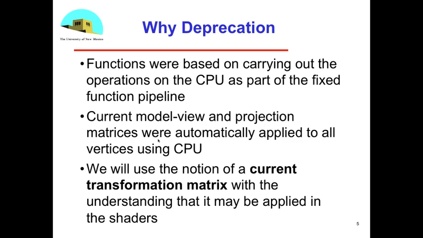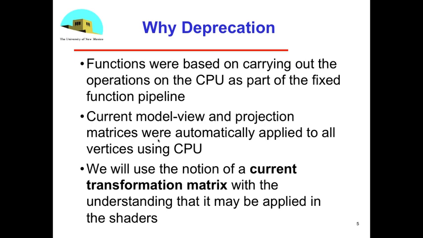Why are they gone? Well, the main reason is that these functions operated in the CPU. So what they did is, if you set a model view matrix, that model view matrix would automatically apply to all the vertices, and it would be carried out in the CPU as the vertices were defined by deprecated functions like glVertex.